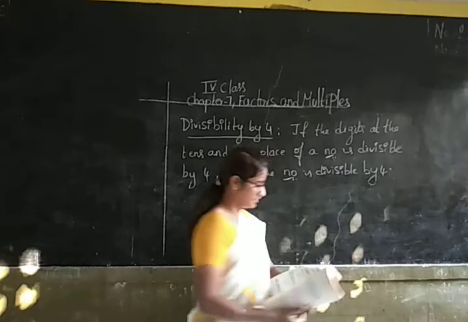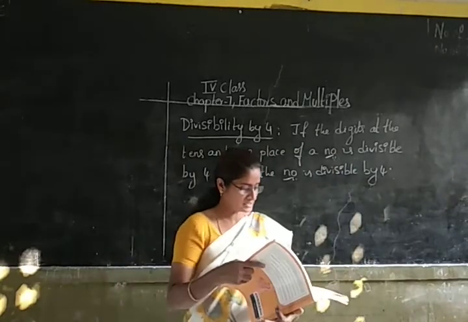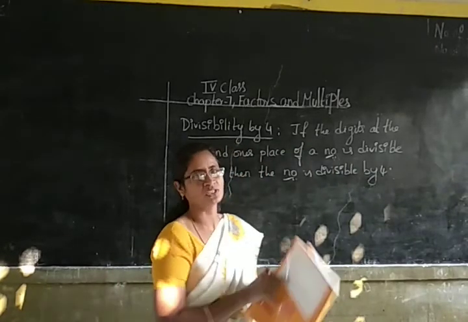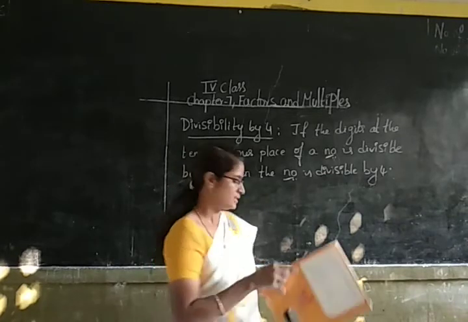Did you understand, children? If the digits at the ones place and tens place of a number is divisible by 4, then the number is divisible by 4.